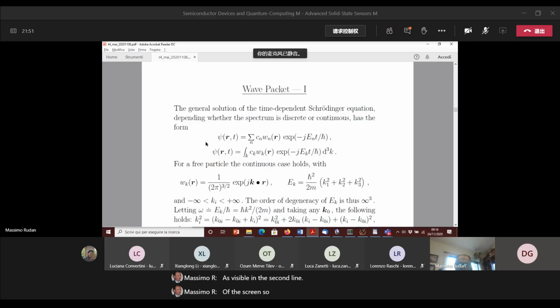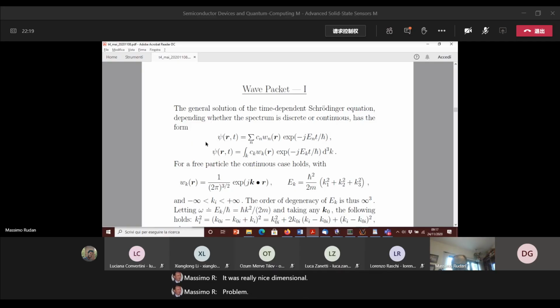So in that case, we have still the exponential of minus i E_k t over h bar, but k, the eigenvalue E_k, is a continuous variable. So k also is a continuous variable. So we have to integrate over the continuous parameters k that are 3 because we are in a 3-dimensional problem.